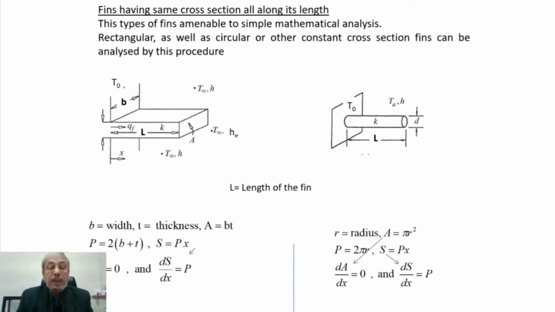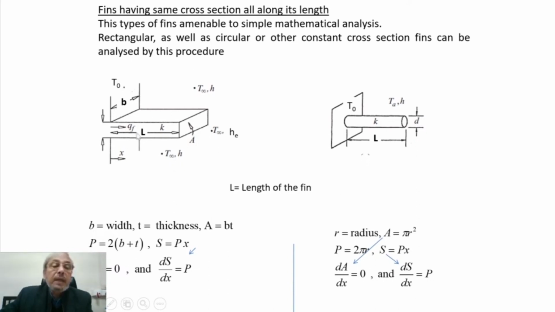First we'll analyze fins that have the same cross section all along their length, and such fins are amenable to simple mathematical analysis. This can be rectangular or circular, so that we always get constant cross section along the length.